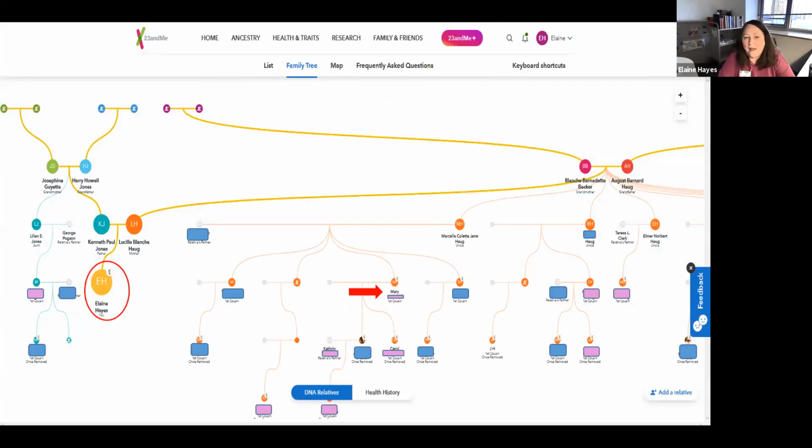23andMe also gave me a family tree that they created by just looking at my DNA and saying, we think this is how you're related to people. And the names, except for my DNA matches, weren't there. For the people that are still living, I've put blue boxes or pink boxes over them, so you can't see who they are.